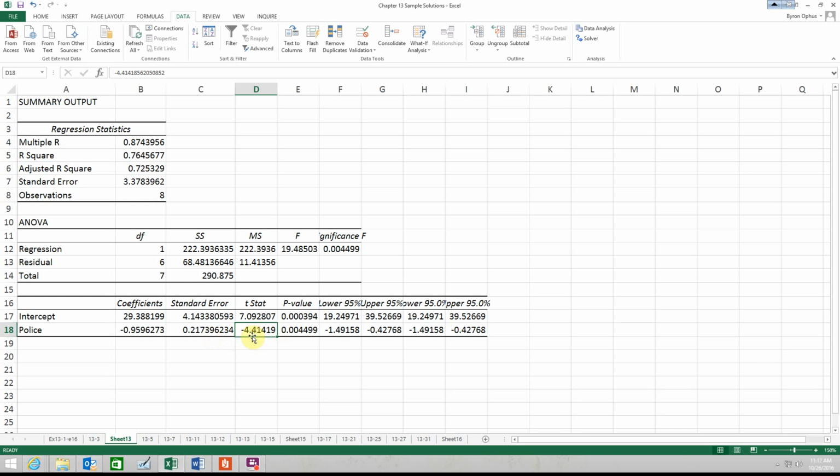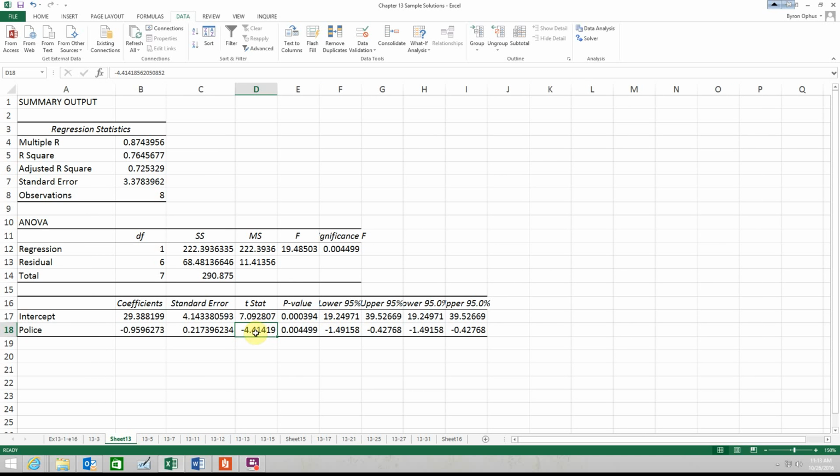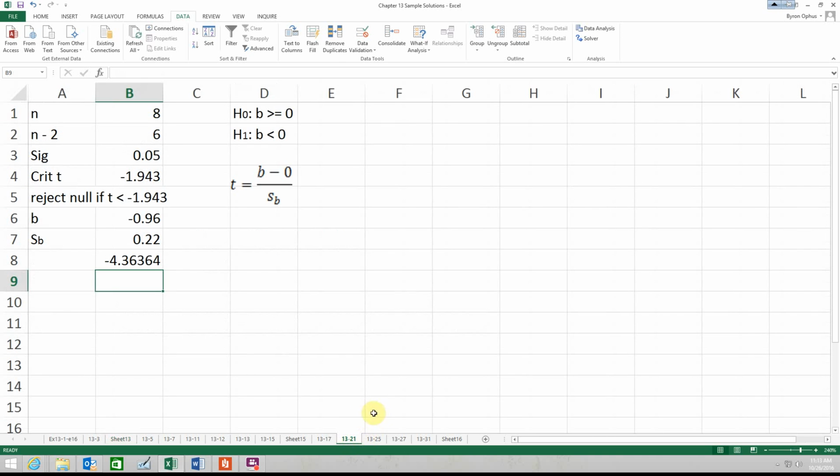And this one comes up with minus 4.41, and we came up with something a little bit different, 4.36, so we're off by 0.05, and that's just in the rounding, right? So it calculates it for you. If you want to test it and see if you've done it right, okay, it does calculate it for you, but I'd like you guys to do it the hard way, of course.